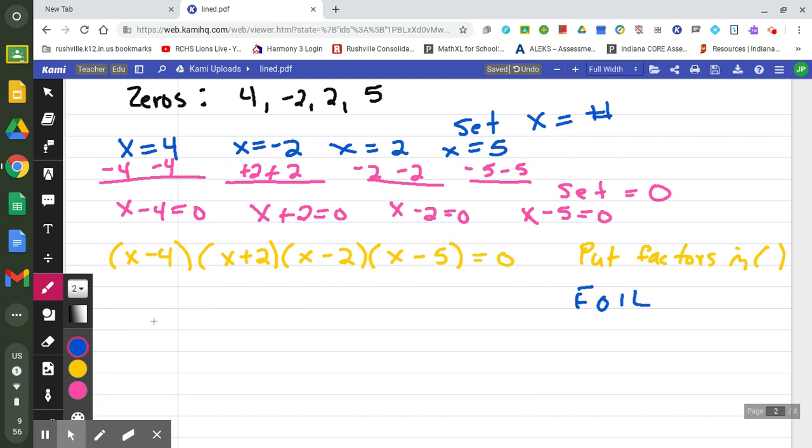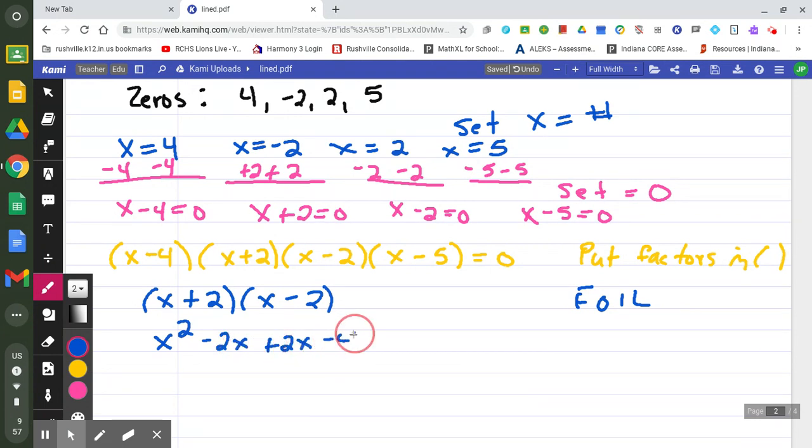So I am going to FOIL the x plus 2 and the x minus 2 first. It doesn't matter which ones you do, but these will have some things cancel out, so it'll just make it a little easier. So this is x squared, and then I've got minus 2x plus 2x minus 4, which then simplifies to x squared minus 4.